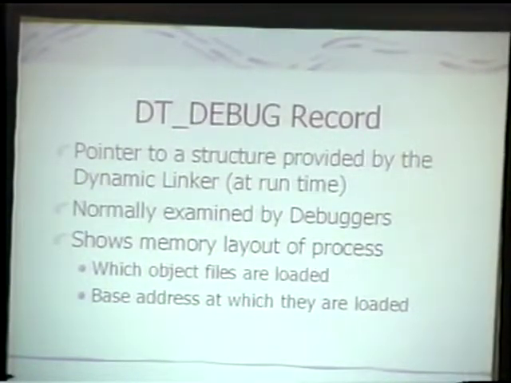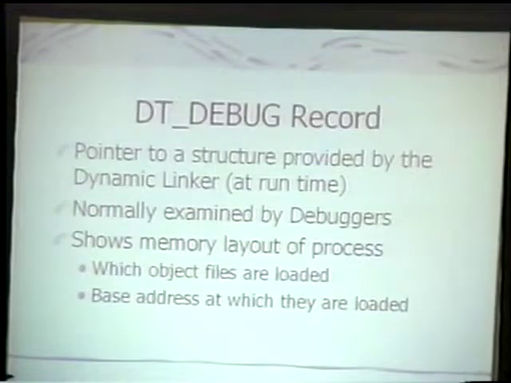I think we're getting towards the end of all this ELF stuff, so we've got some interesting stuff coming up, don't worry. The DT debug record, which is one of the records inside the dynamic segment, is a pointer to a structure, as I said, provided by the dynamic linker at runtime with debug information.